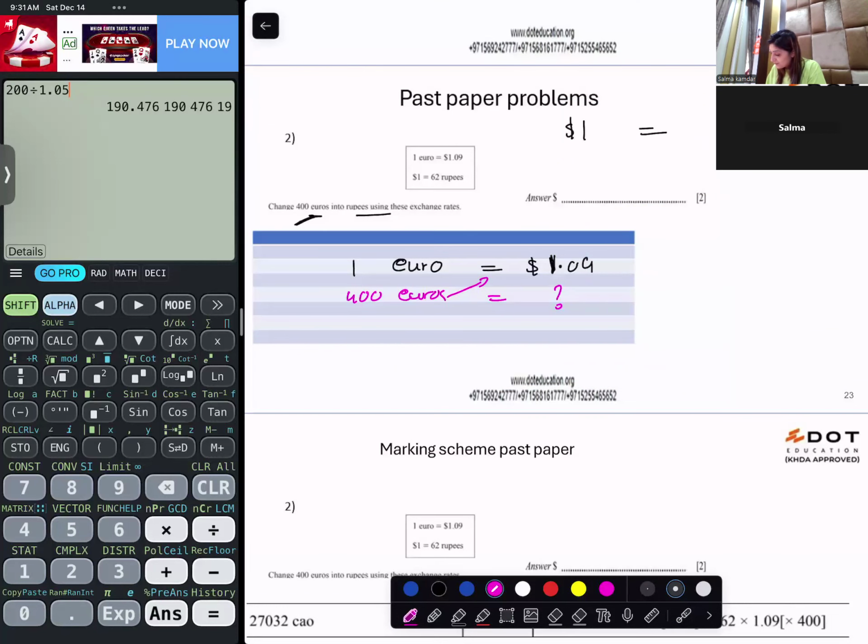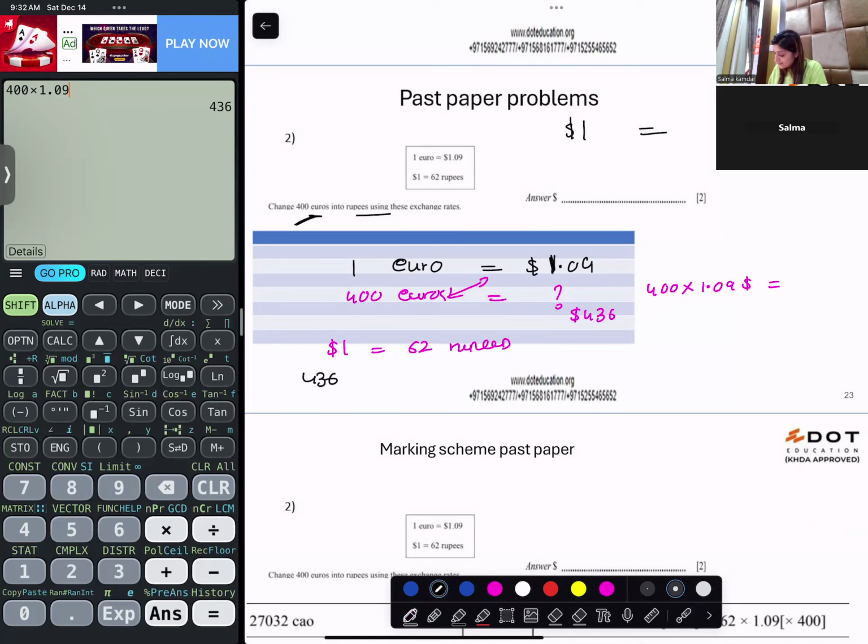It's a question mark, cross multiply. So it would be 400 into $1.09. So this would give me $436. Now I say $1 is equal to 62 rupees.